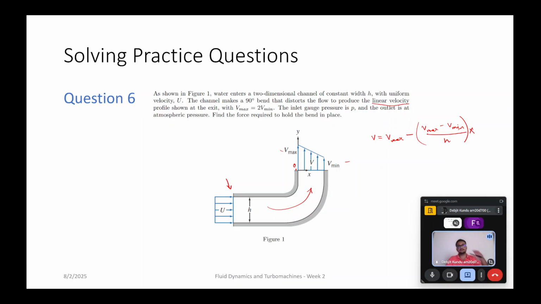You can check that. If you put x equal to h, V max would cancel out, and I'll get V min.